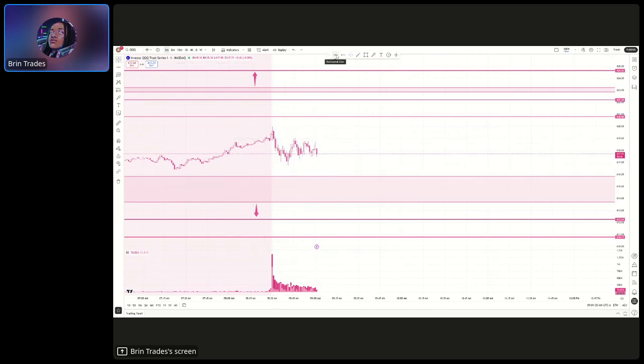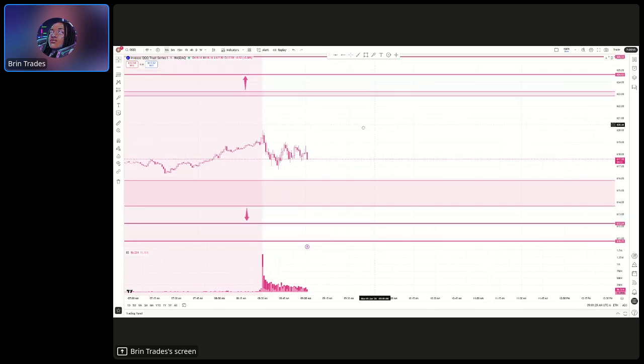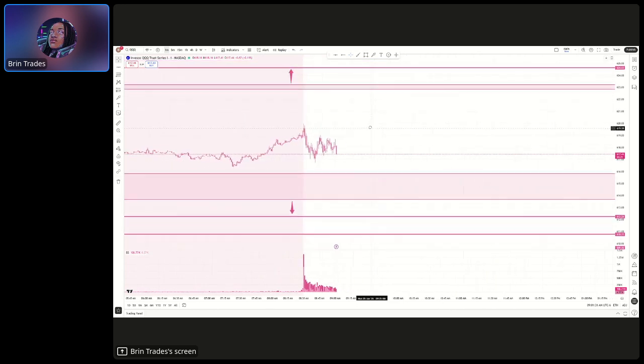I believe the other price target was here. Yeah, no, let's just adjust according to the market and see how price behaves.